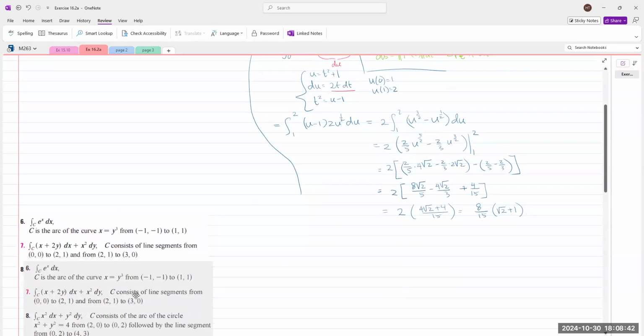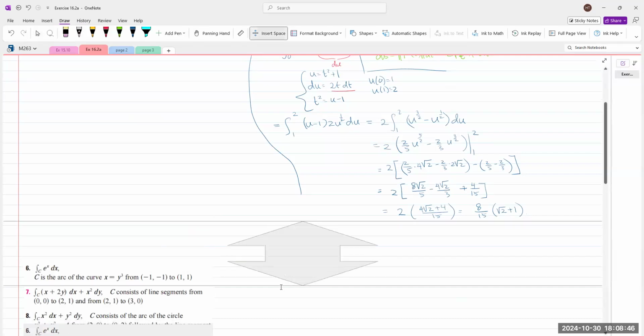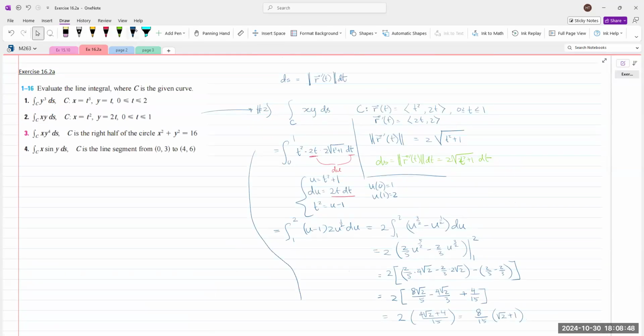Move this down so that I can have more space. Number 4. Integral over curve C of x sine y ds, lowercase s, not uppercase, where C is the line segment from 0,3 to 4,6.